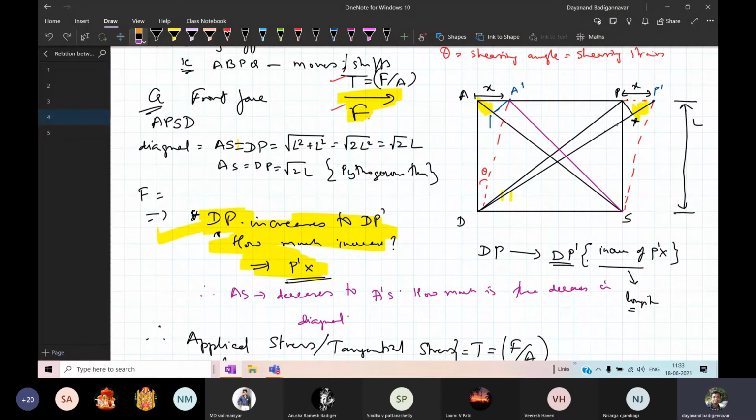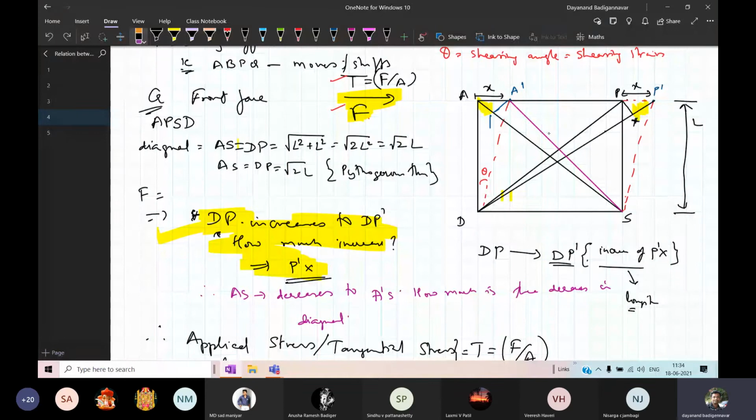Therefore, by inherent nature, it is contributing to the increase. And the second one is the decrease in the diagonal along AS. You are getting the point. So there are two reasons for the increase in the diagonal dP. The extension P dash X is due to two reasons.